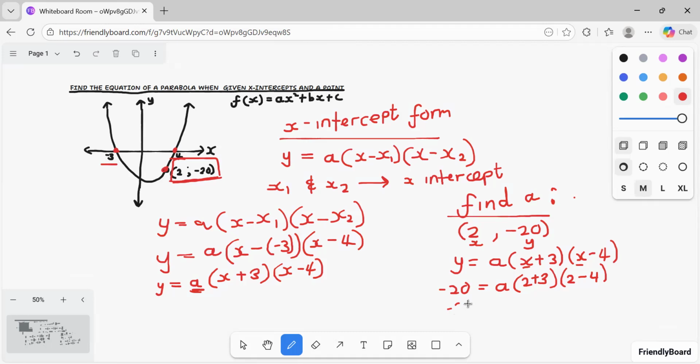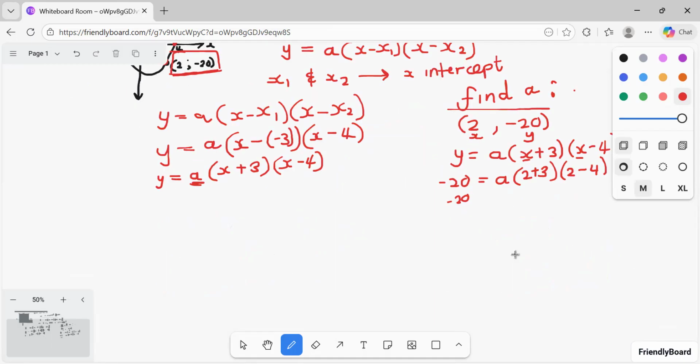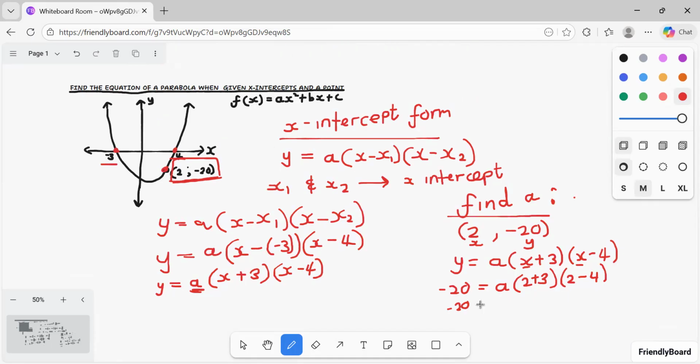So this will be minus 20 is equal to a, and this will be 2 plus 3 is 5. And then 2 minus 4 gives us a negative 2 right here. Let me create some space.